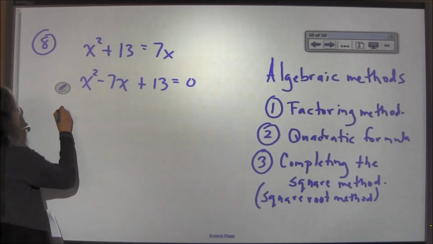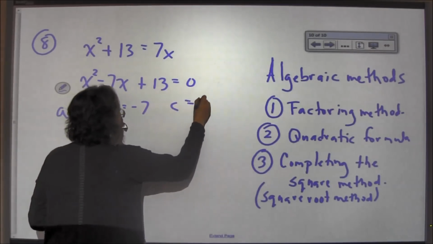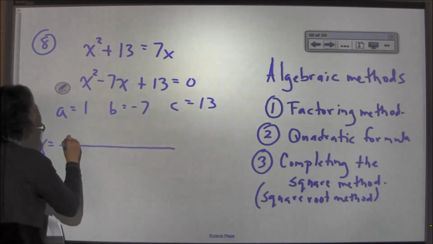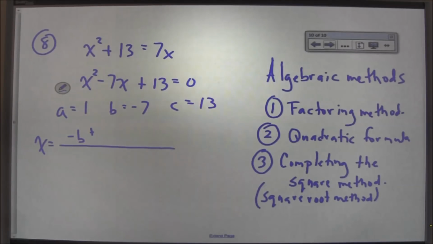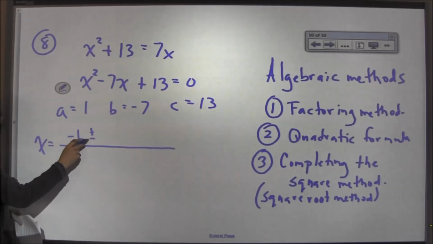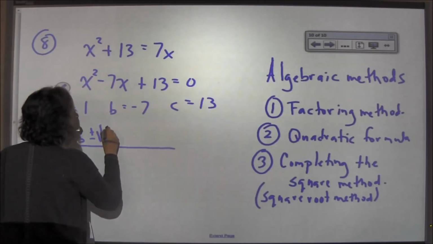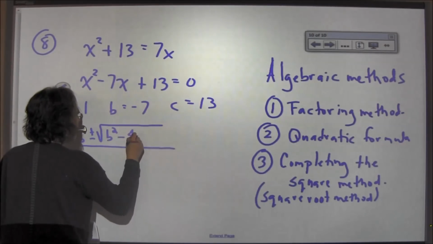So I'm going to use the quadratic formula. Here's our review of the quadratic formula. It's a big fraction, and in the top, the opposite of b plus or minus, remember, is shorthand for two separate solutions, the square root of b squared minus 4ac.